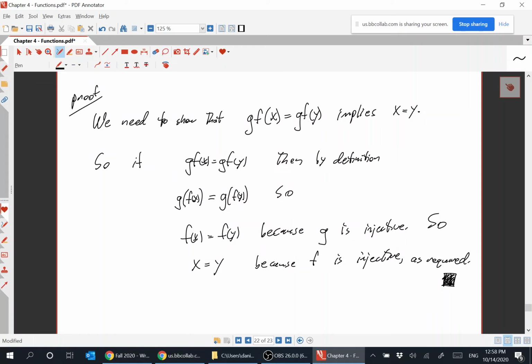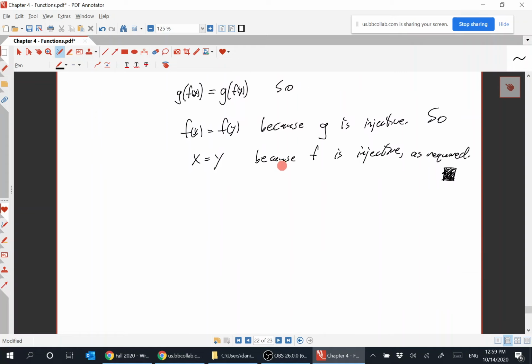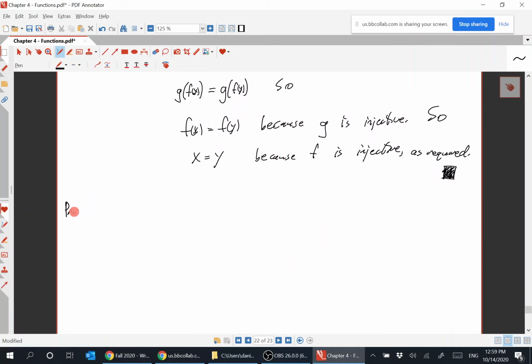Okay, so let's try another one. Suppose that f from A to B and g from B to C are both surjective.